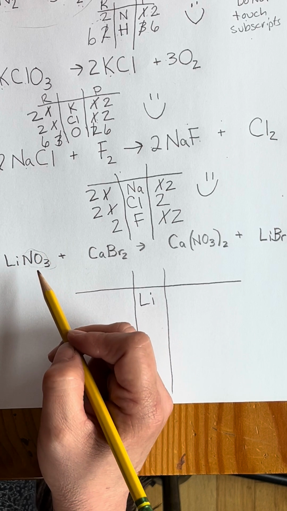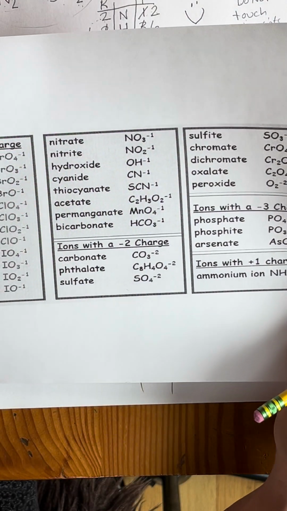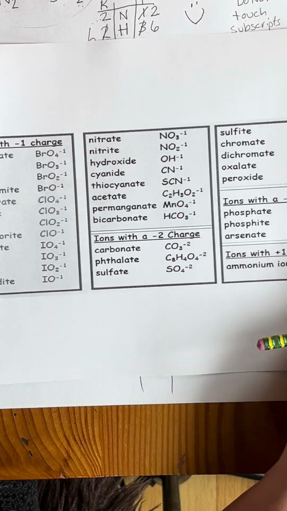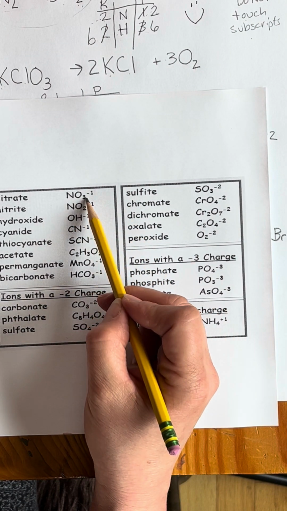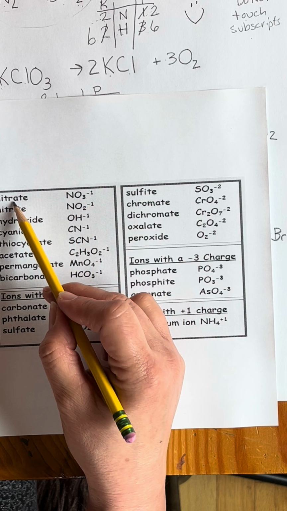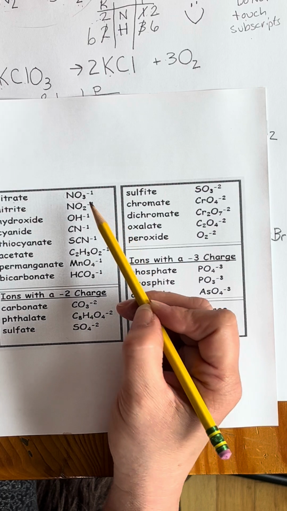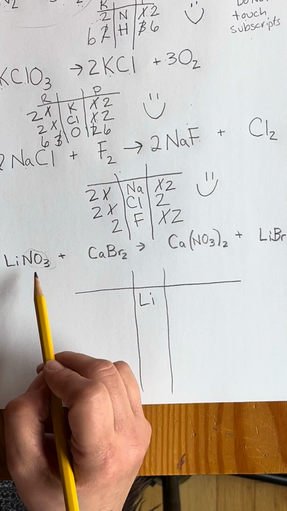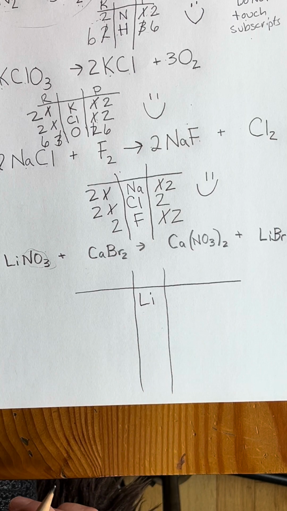And if you pull out your trusty list of polyatomic ions, and here they all are, focus in, right here you see NO3 is nitrate. It's a polyatomic ion. It's a thing. And so what you want to do when you notice a polyatomic ion while you're balancing chemical equations is a little test.